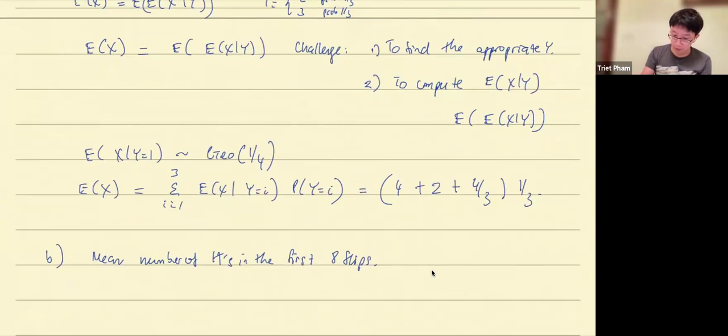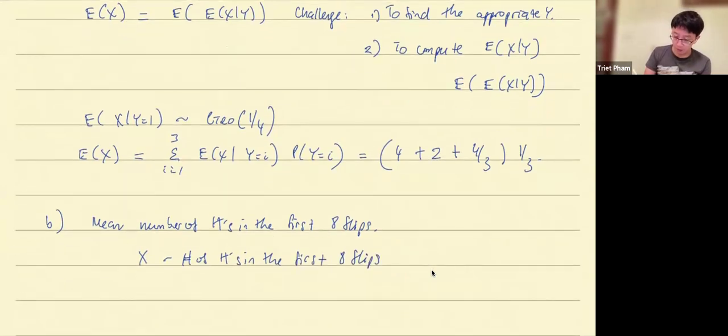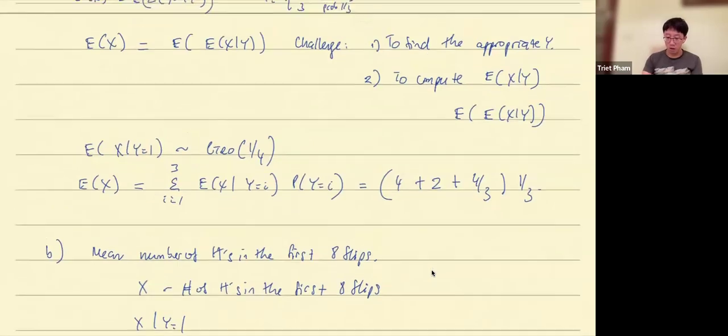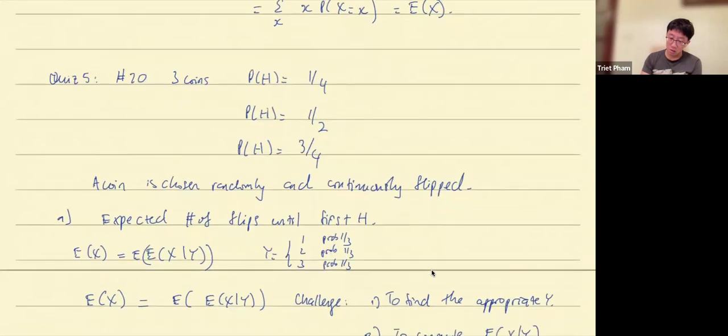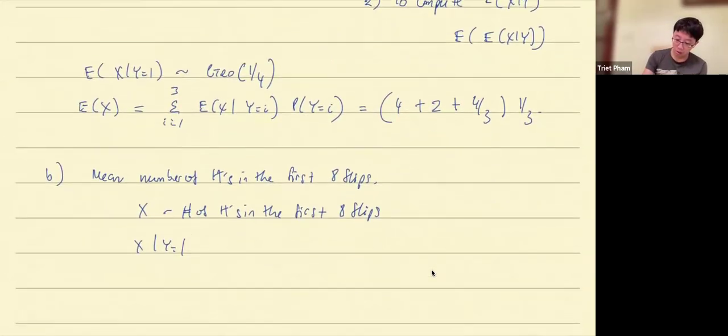So for example, if you let x be the number of heads in the first 8 flips, notice, again, this is a coin randomly selected. So x given y equals 1, if we select the first coin, then it will be binomial 8, 1/4.